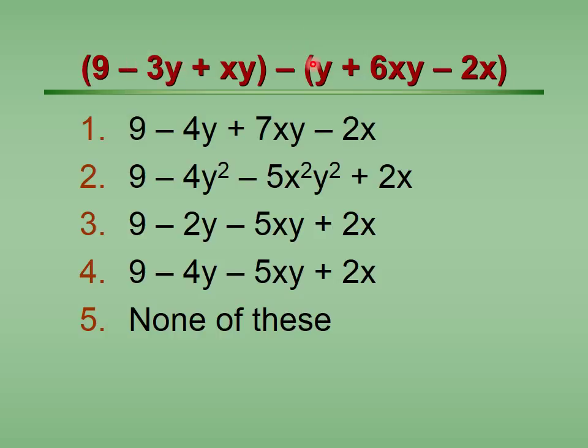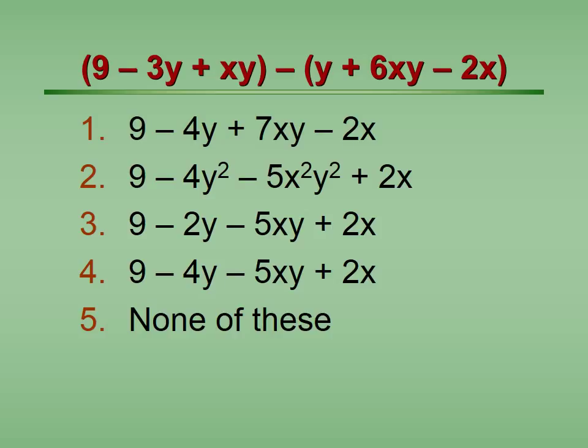My next term is negative 3y. So I'm looking for a term that has the variable y, just the variable y with no exponent. So negative 3y minus y gives me negative 4y. My next term is xy. So here I'm looking for another term that has the variables x and y, but don't have any exponents on them.